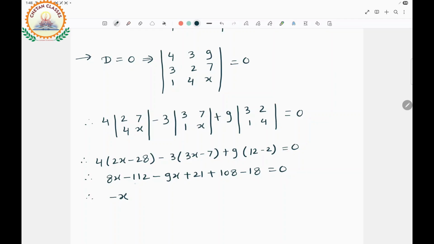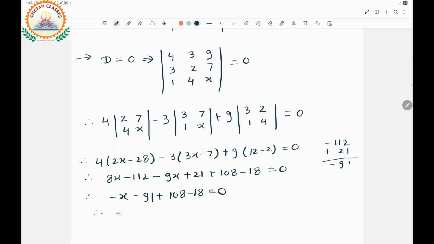Now minus 112 plus 21 plus 108 minus 18. So minus 112 plus 21, here 1 and minus 91. So minus 91 plus 108 minus 18 is equal to 0.